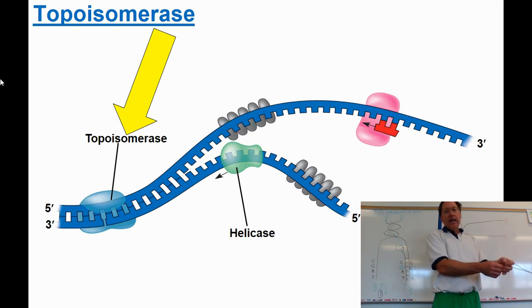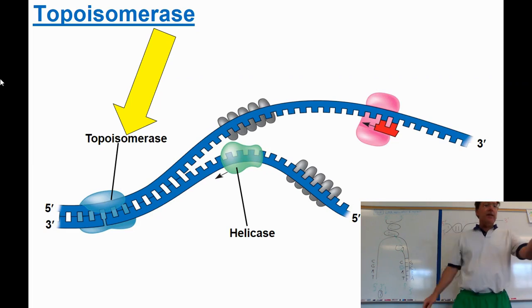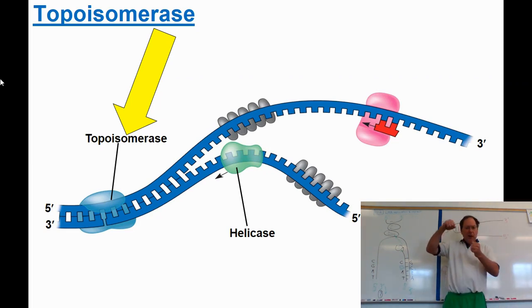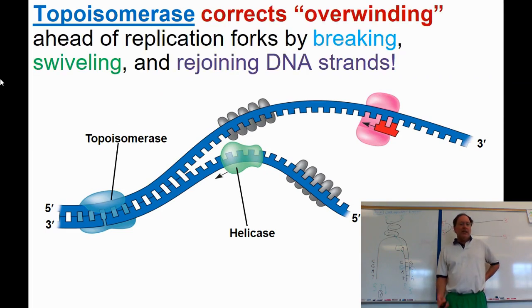What happens is that as you open it in order to then replicate the insides of this, you get this kind of bunching and curling of all this tension on the front. And what topoisomerase does is it breaks the DNA, unswivels that tension, and then re-anneals the DNA to itself, and then it just keeps doing that ahead of the replication fork as some tension gets put onto it.